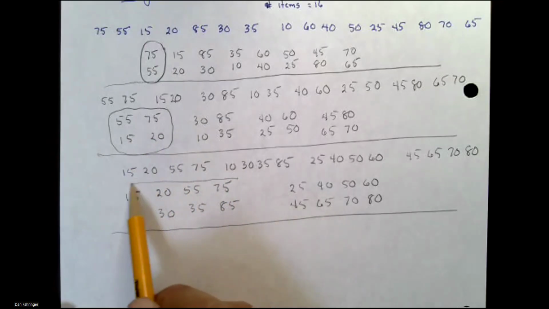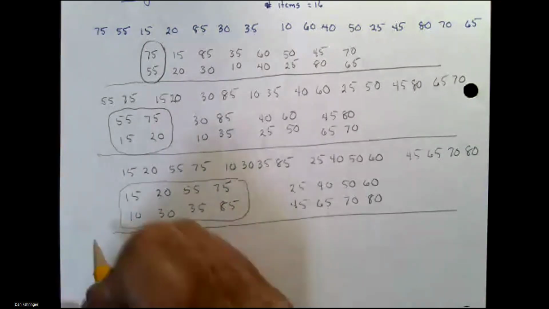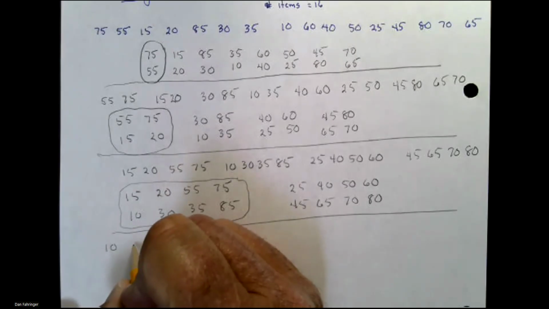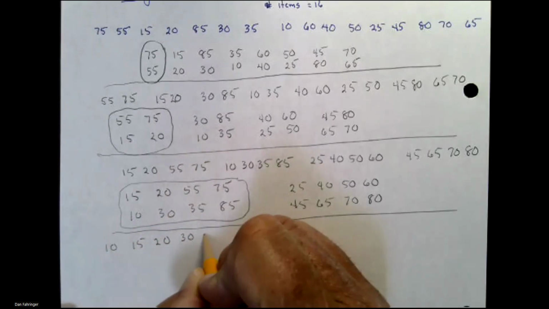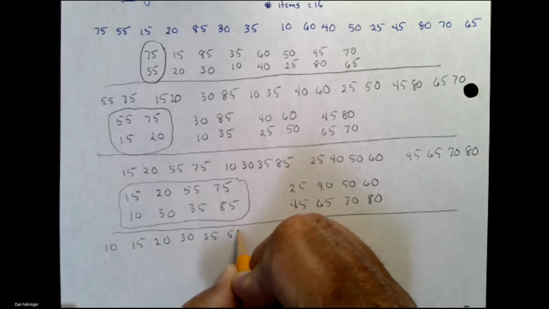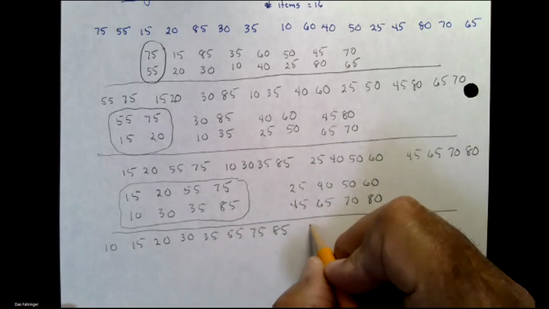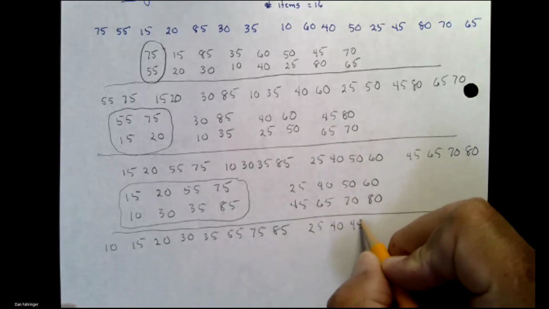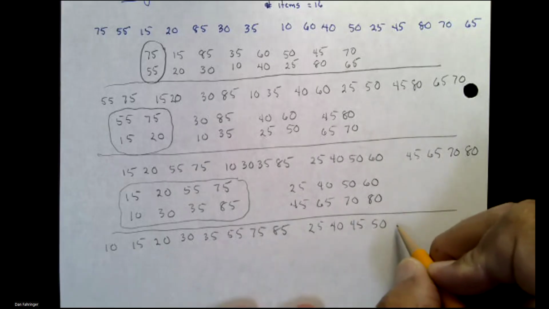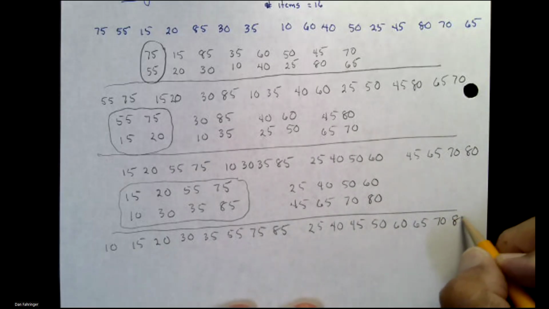Now I'm going to go by fours. 10, 15, 20, 30, 35, 55, 75, 85, 25, 40, 45, 50, 60, 65, 70, and 80.